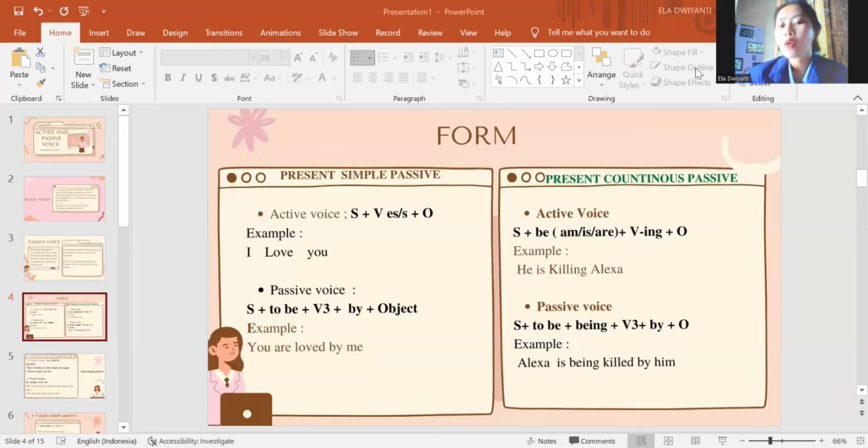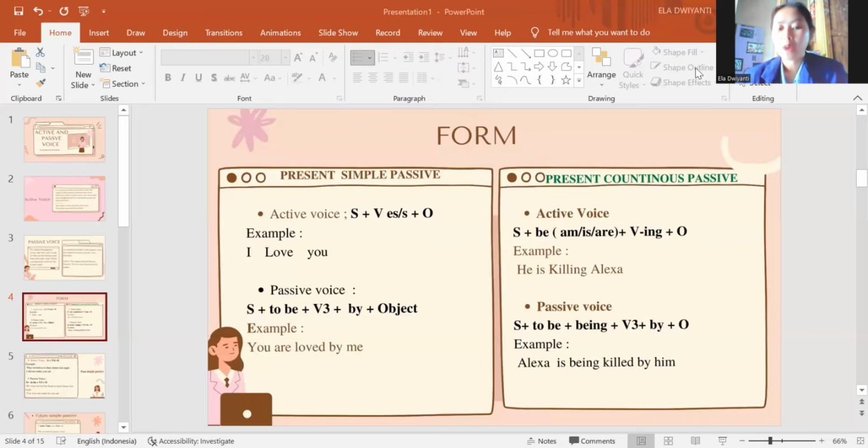Okay, if we want to change from active voice to passive voice, we need to switch the object and the subject. The subject in the active voice becomes the object in the passive voice, and the object in the active voice becomes the subject in the passive voice. Okay, example: you are loved by me.